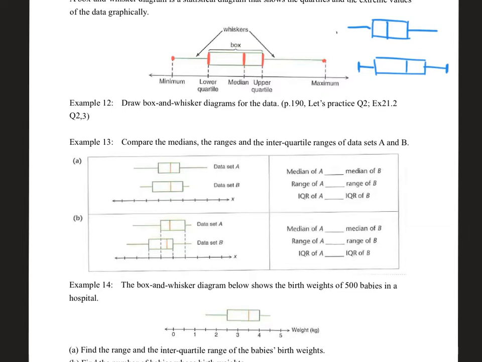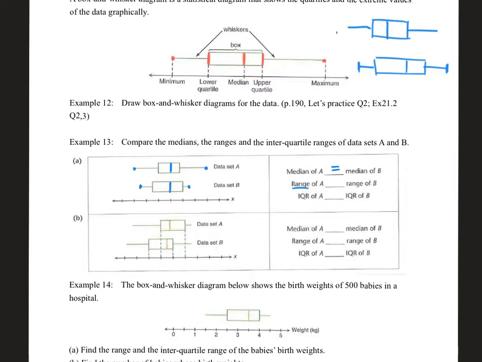Set A, median first: the median is the same value, right? Set B, where you talk about range, you are talking about the maximum value minus the minimum value. So you use your common sense to judge which one is greater.